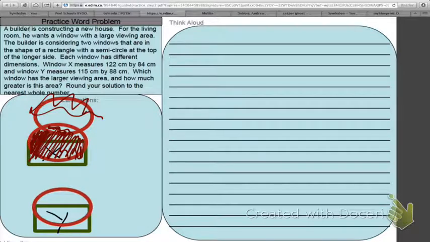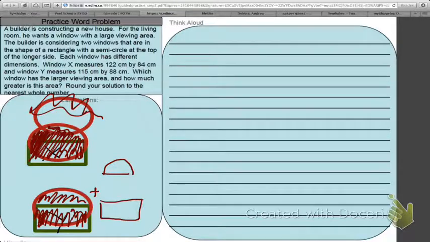But you'll notice that half of the circle is here. The other half of the circle kind of disappears. It becomes part of that rectangle. But we have to add the area of the circle, or of the half circle, plus the area of the rectangle. And that would give us the area of the window.